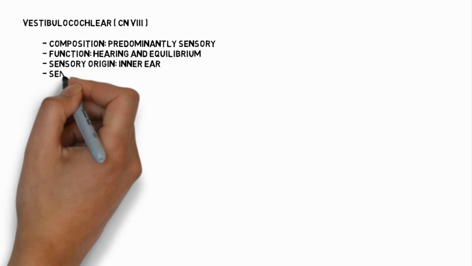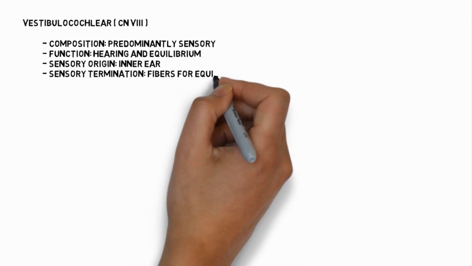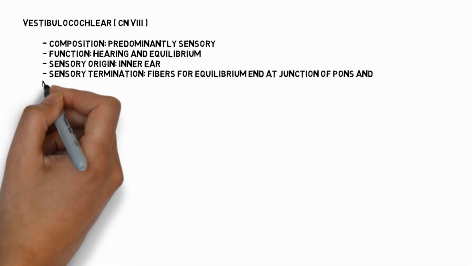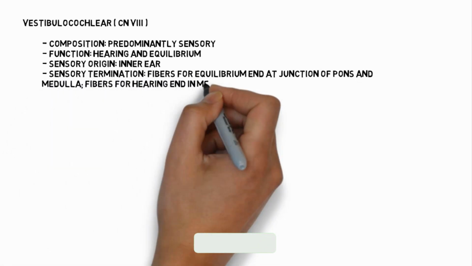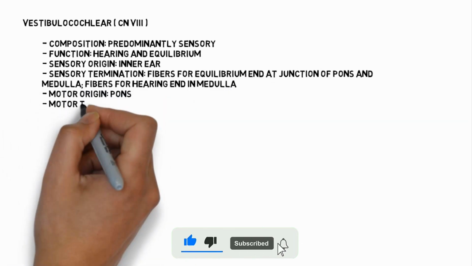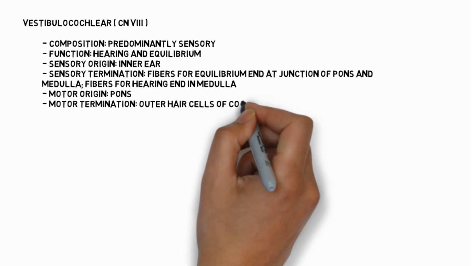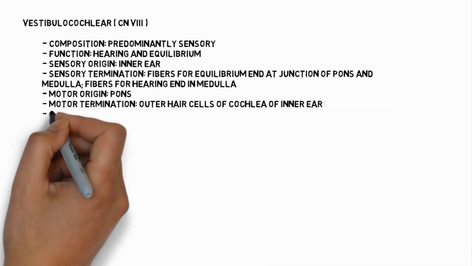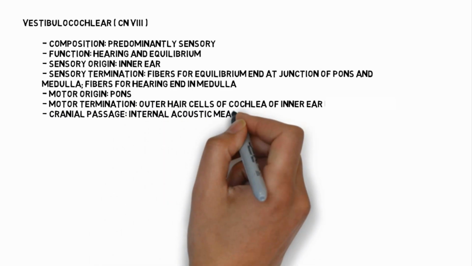Sensory fiber originates in inner ear and terminates as fibers for equilibrium at junction of pons and medulla, and also terminates as fibers for hearing end in medulla. Motor fiber originates in pons and terminates in outer hair cells of cochlea of inner ear. It passes through internal acoustic meatus.